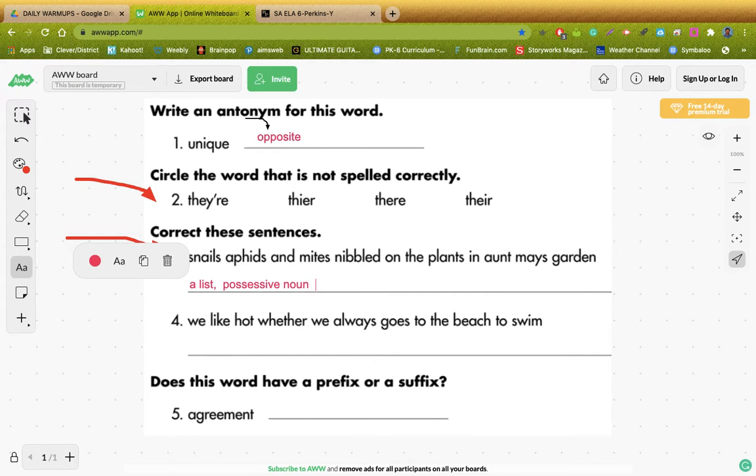So be on the lookout for those things. I'm not saying that's all we have, but be on the lookout for those two things because you're going to need some punctuation here. We need commas and we need apostrophes. So be aware of that.